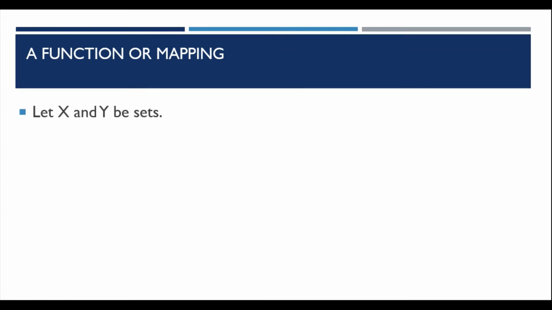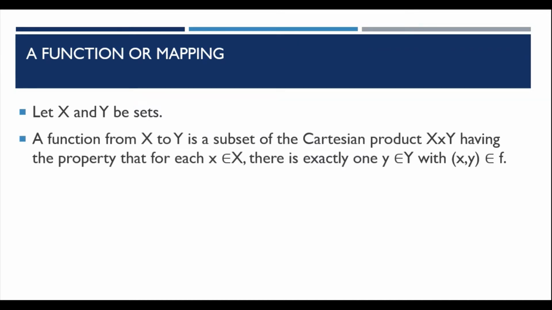Now, in understanding the workings of a function, let us consider X and Y as sets. A function from X to Y is a subset of the Cartesian product X times Y. I believe you can still remember our previous lessons about the Cartesian product, wherein sets are being multiplied.